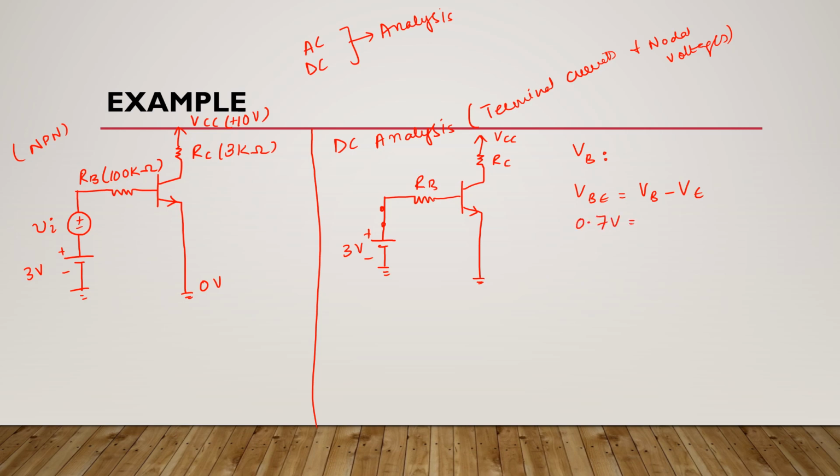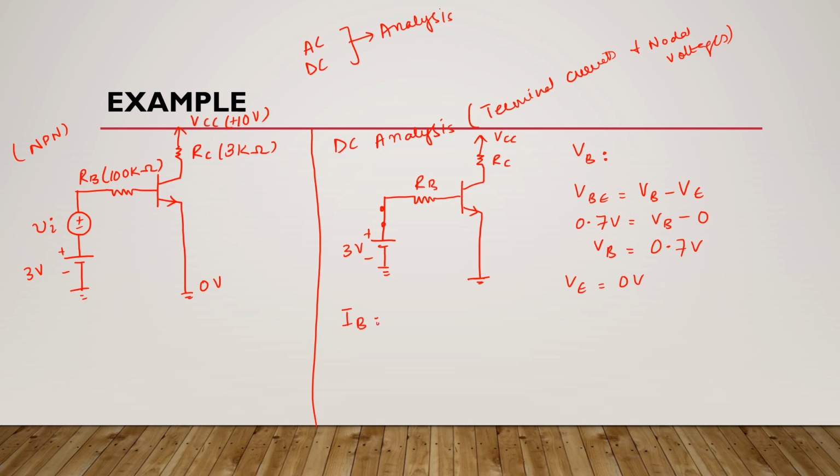The emitter is grounded, so it is at 0 volts. So the nodal voltage at base is 0.7 volts, and the nodal voltage at emitter is 0 volts.